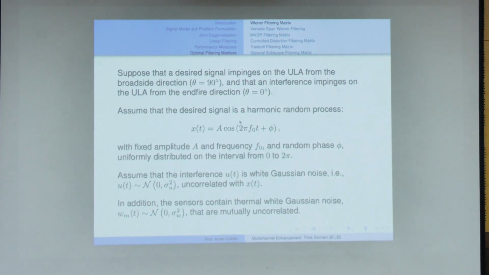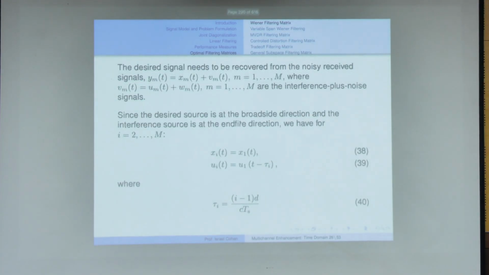And in addition, we have some level of thermal noise. Okay? So we can write this example such that each sensor receives a desired signal plus noise. And the noise is a superposition of interference plus thermal noise.